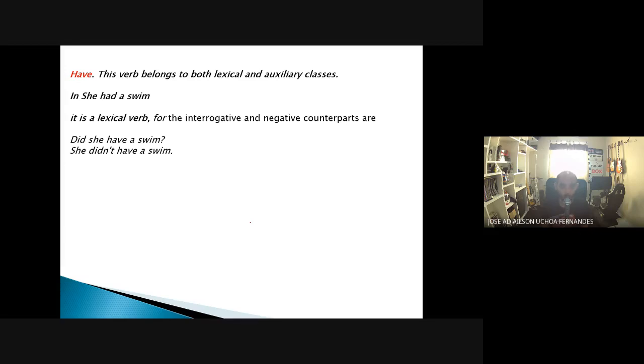That's why we say it belongs to both lexical, which are those regular verbs like play, do, go, stay, and auxiliary, the modals, and be, have, and do.